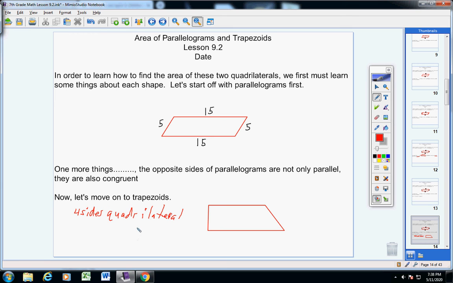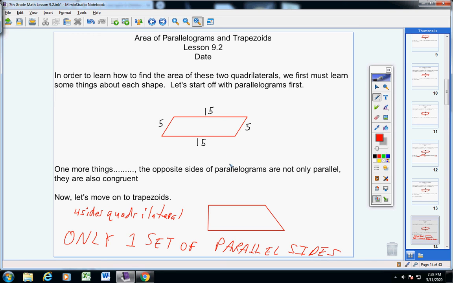And also notice this. This is so important, guys. It only has one set of parallel sides.